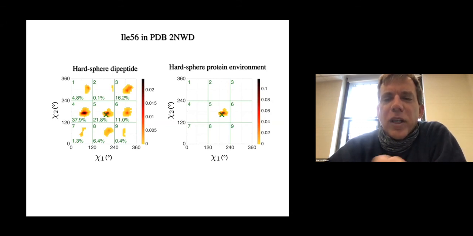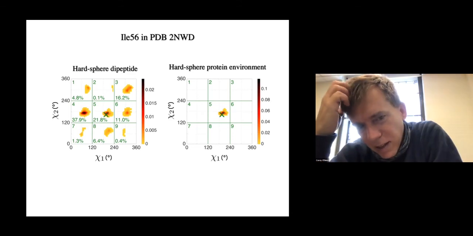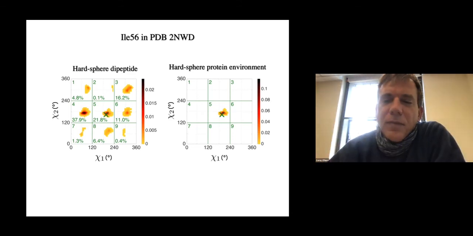what you do is you look at this isoleucine in that protein environment, and then you try all the Chi1, Chi2s, and you see that there's only a probability density at location number 5, which is where the crystal structure is.